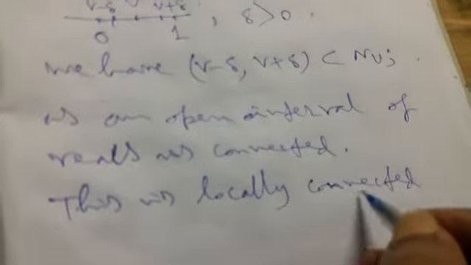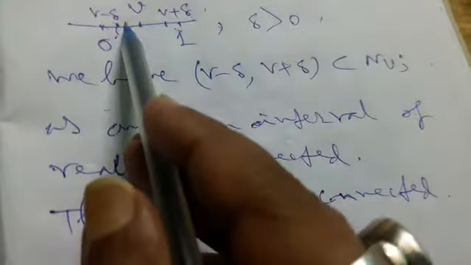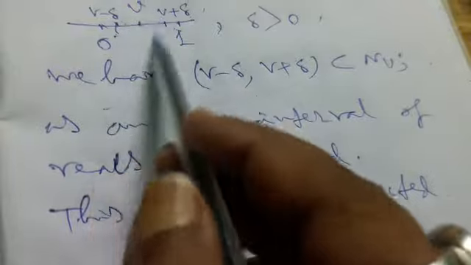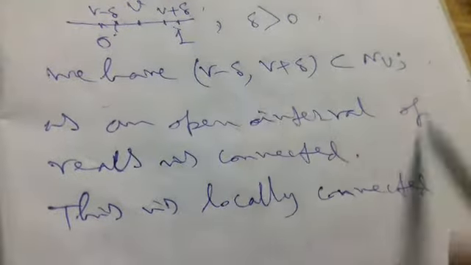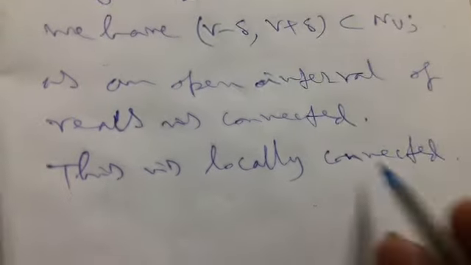Because there is some disconnection, but this local connection depends upon the type of delta, what the delta is. We find different types of connection there, that's why they are locally connected. If we decrease the value of delta, we find many such intervals, that are the NBD points. So many points are there.